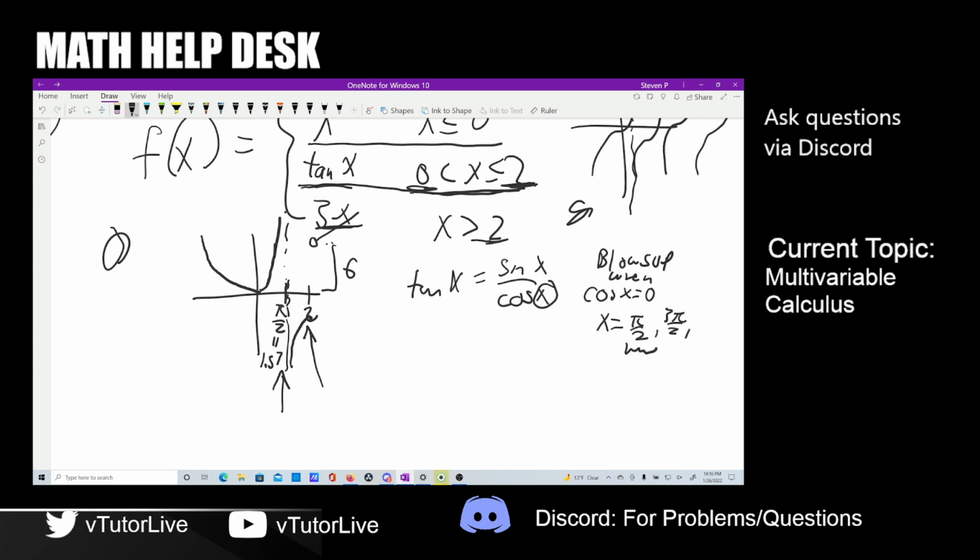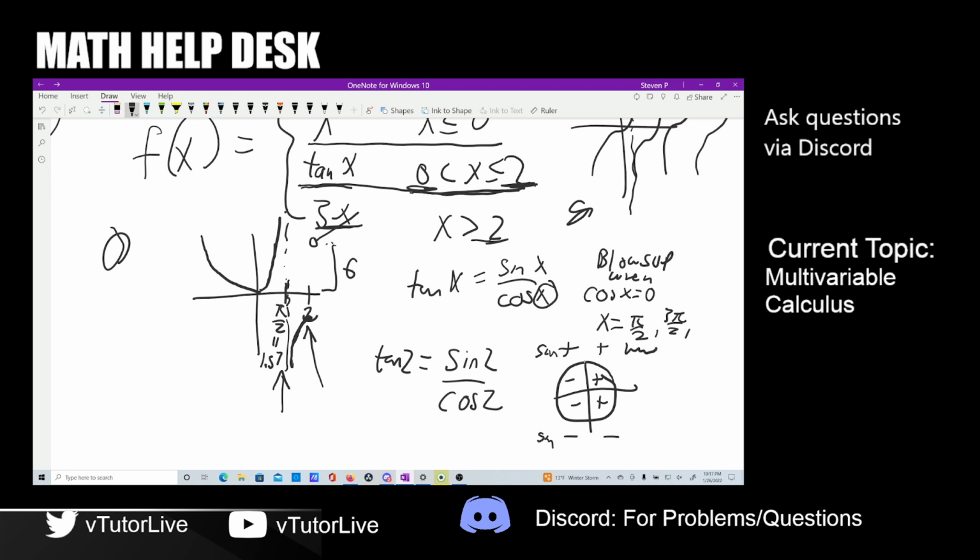You notice that I'm glossing over the details a little bit. The tangent of 2 is equal to sine of 2 over cosine of 2. And if you remember the unit circle, sine is positive up here and up here, negative down here and down here, whereas cosine is positive here and negative over here.